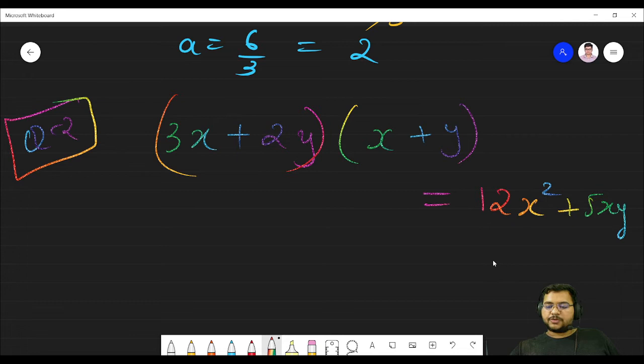This will become 12x square plus 2y square. So this is the question given and you have to find the value of x.